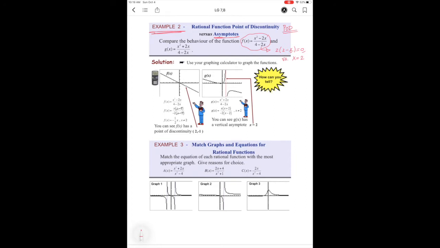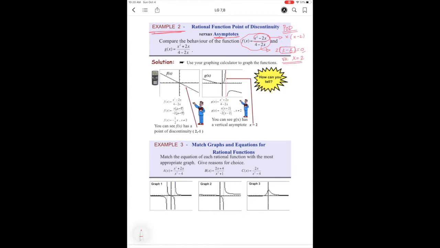Now, if you can factor the top and you cross out this bracket right here, this vertical asymptote is no longer a vertical asymptote. It becomes a point of discontinuity. So let's have a look at this top one here. We factor out an x, and we get x minus 2.